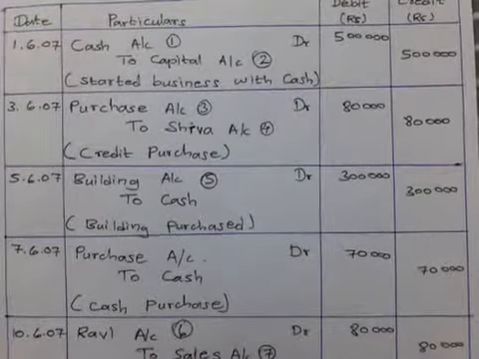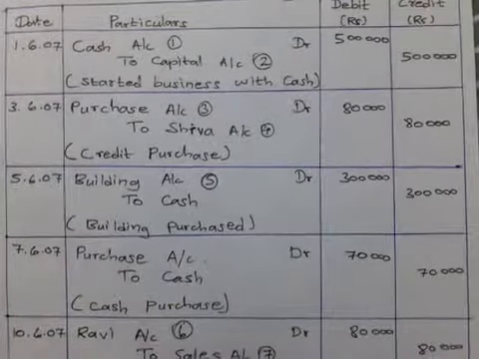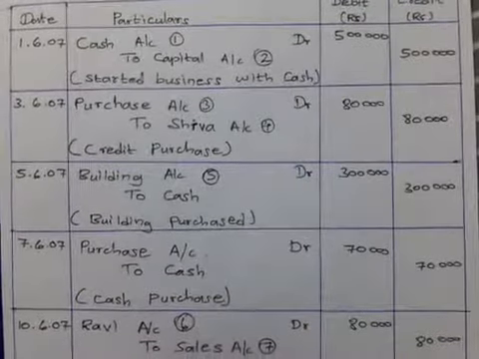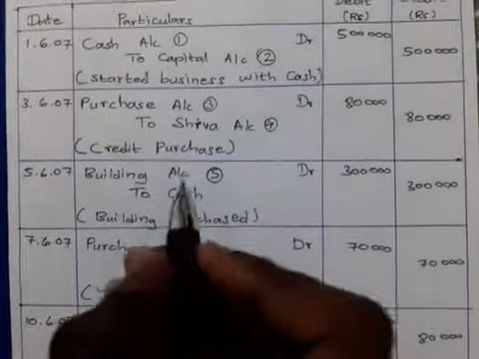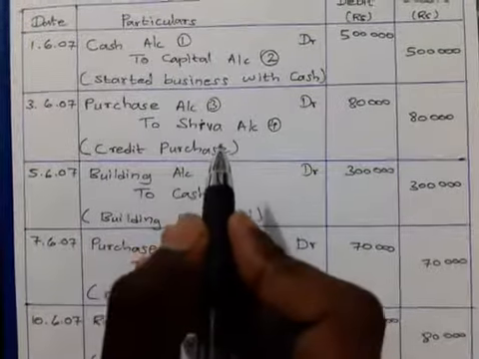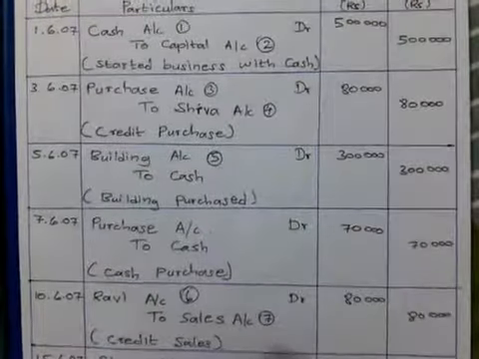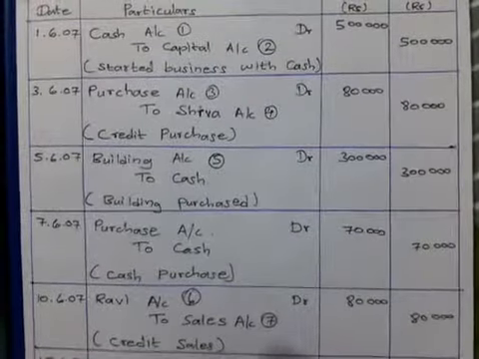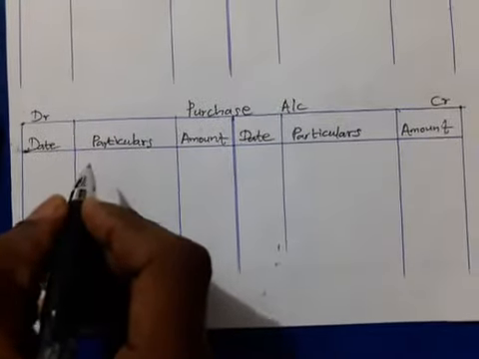Other entry. In this case it's saying about the credit purchase. So we are going to record in the purchase account, as well as we have to prepare one Shiva account as creditor of the firm. Purchase is an expense type of account.